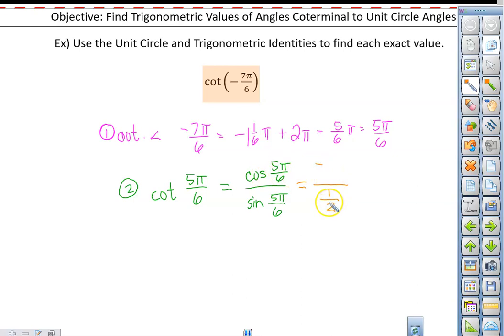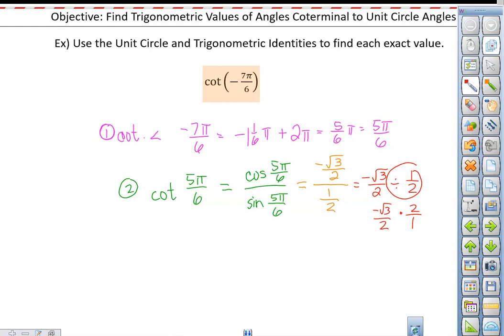And what goes with a 1/2, remember, is always a √3 over 2. So we get a negative √3 over 2. So now we use a little bit of basic math here. This would be our -√3/2 divided by the 1/2. And so this becomes times the reciprocal. So that's times 2 over 1, or 2.